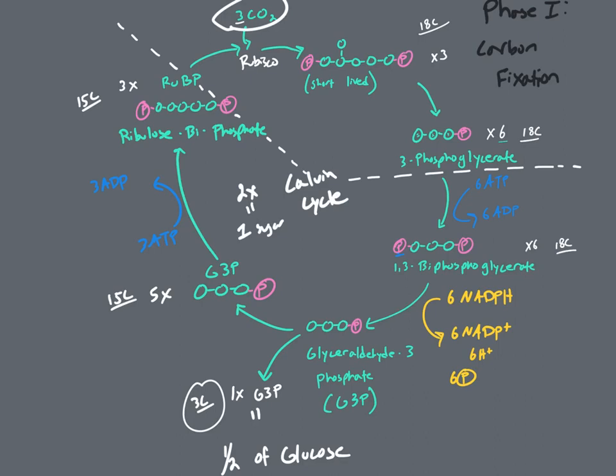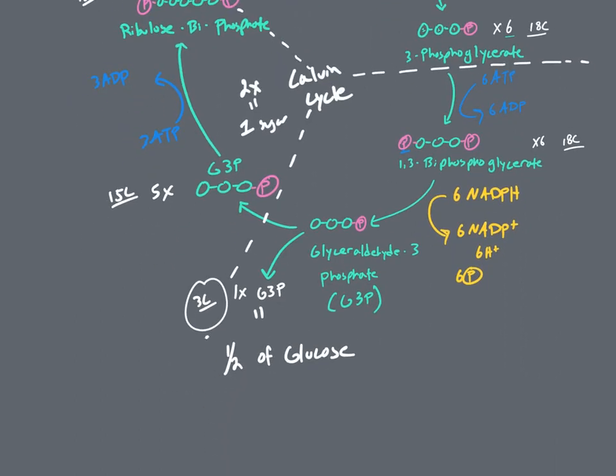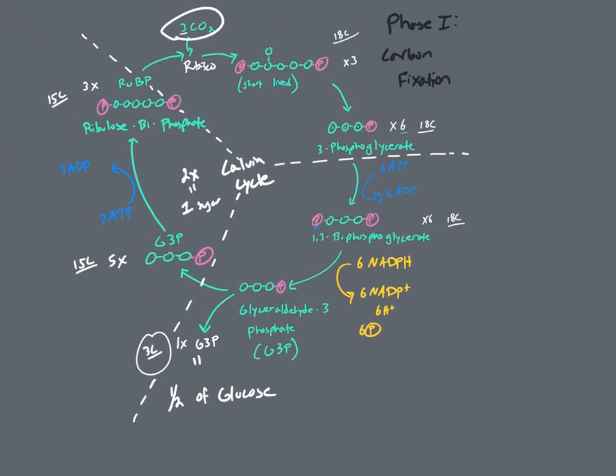The second stage, phase 2, is reduction. The number of carbons is reduced, and the NADPH is reducing to form the glyceraldehyde 3-phosphate.